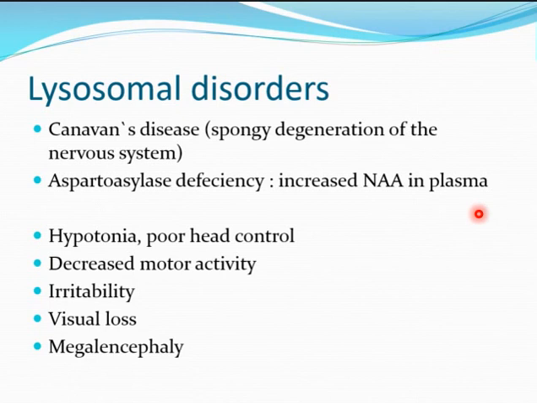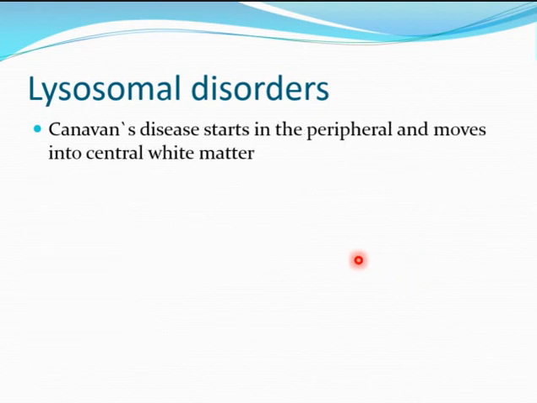Lysosomal disorders. The most famous one is Canavan disease, although it's very rare. It is due to aspartoacylase deficiency, leading to increased NAA peak. It manifests as hypotonia, poor head control, decreased motor activity, irritability, and so on, all common to all metabolic disorders.